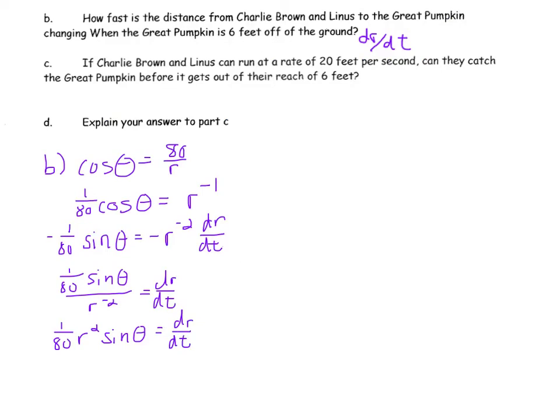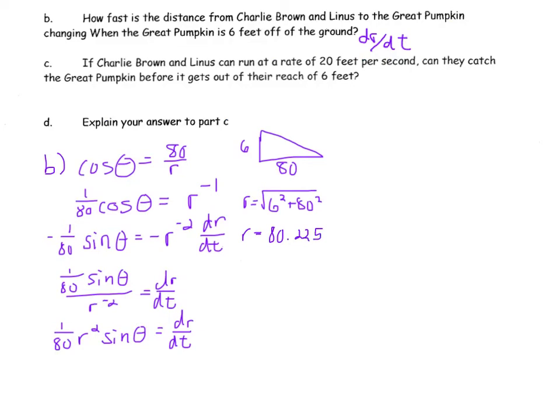And so now when y is 6, we first need to solve for r, and then we already know theta from the previous problem, so we can plug that in. So r is going to be the square root of 6 squared plus 80 squared. r equals 80.225.